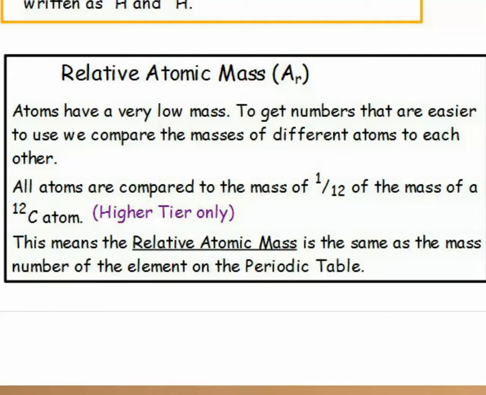But instead we compare the mass of an atom to 1/12 of the mass of a carbon-12 atom. As far as we're concerned, this does the same thing, and you don't need to know why we use this scale. The relative atomic mass of an atom is the same as its mass number.